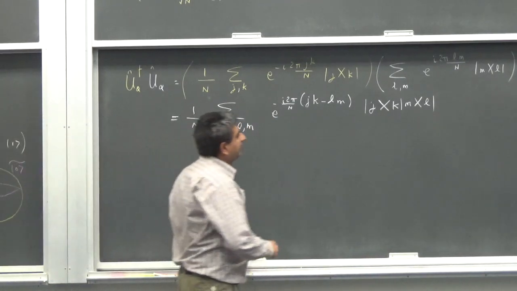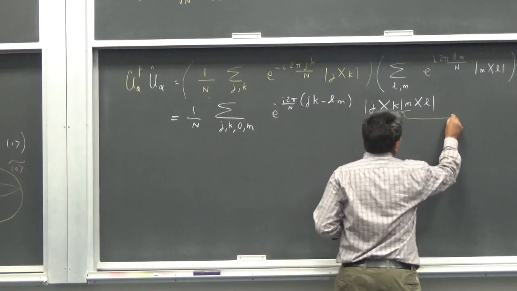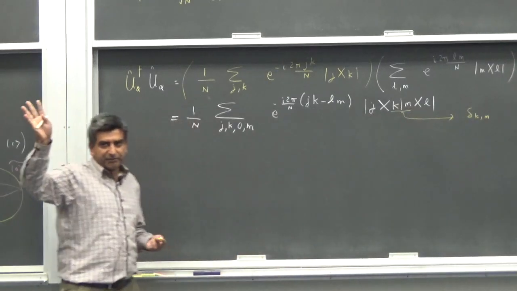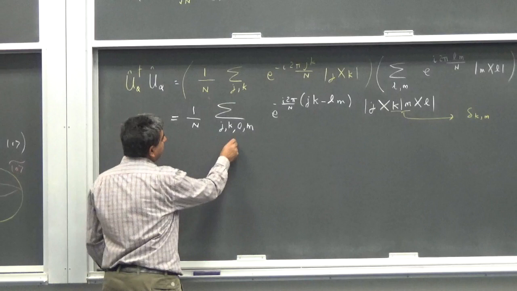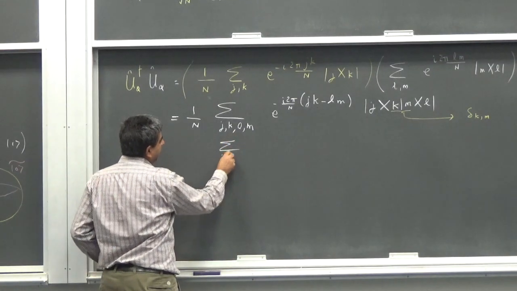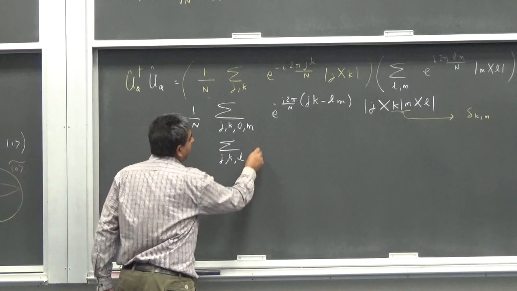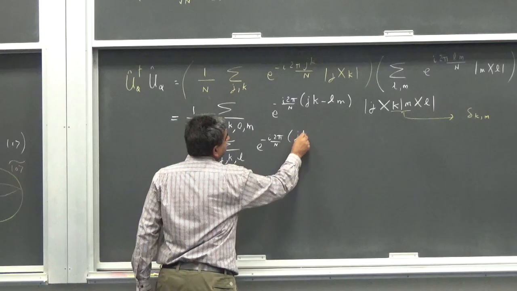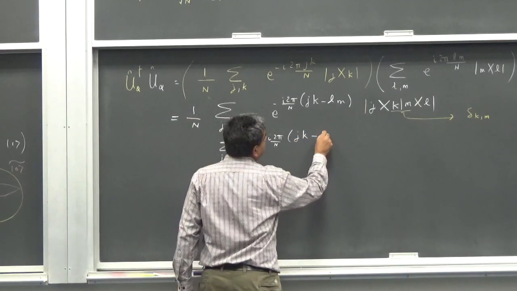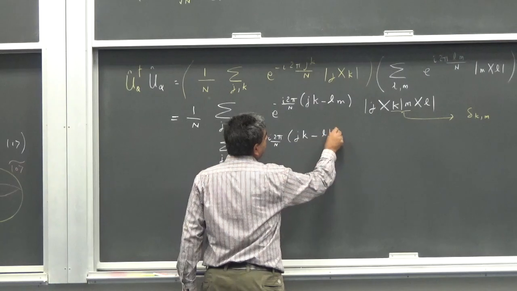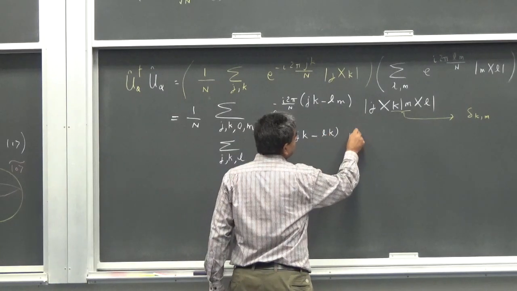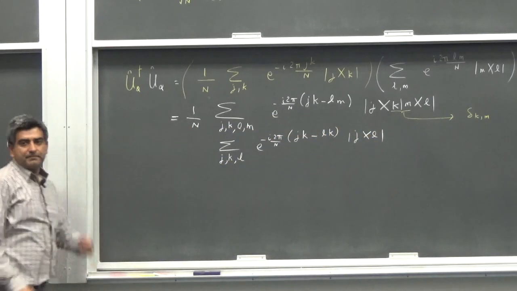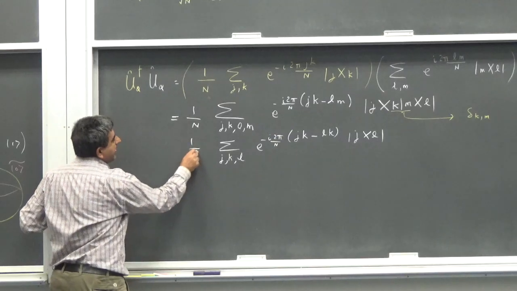Now this is the Kronecker delta, right? m must equal k, otherwise everything just vanishes. So I can drop the summation over m, keep just j and l, e to the minus i 2 pi over n, jk minus lk, right? And 1 over n.